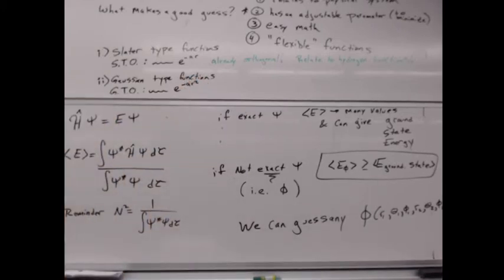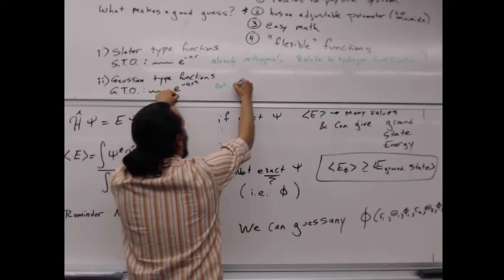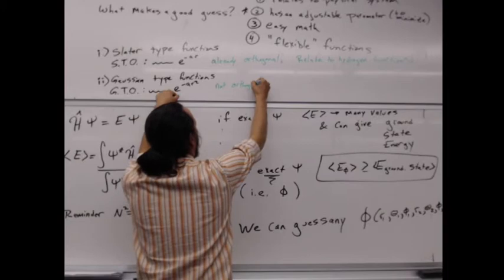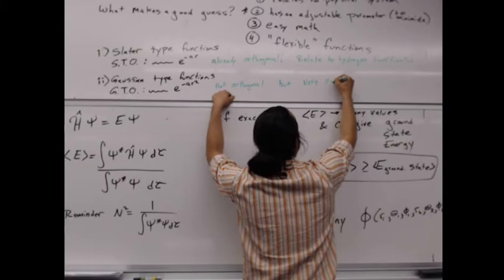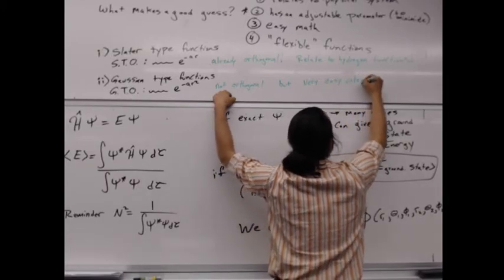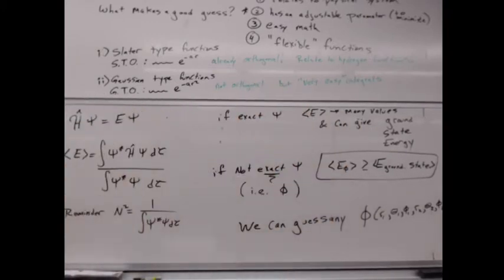Seems like a small change, but it simplifies things a lot. Gaussian functions are not orthogonal, but they have very easy integrals. I put very easy in quotes. Gaussian integrals are relatively easy.